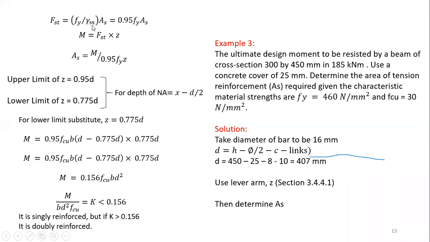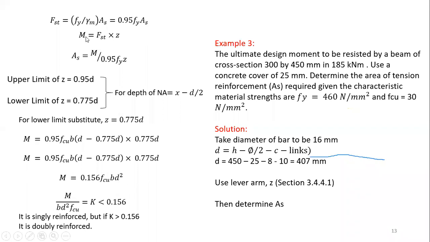The design stress, like I did mention to you the other time, is the characteristic strength of the steel divided by the partial factor of safety for that material. And this value, gamma m, is 1.05. If you put 1.05 here, you will have 0.95 FY AS as the force in the steel in tension.